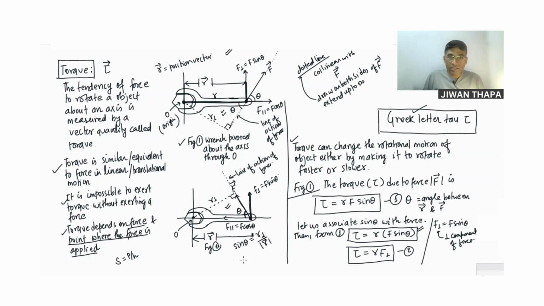So we can write R perpendicular equals R sine theta. Clear? So from this triangle, we find R perpendicular equals R sine theta.